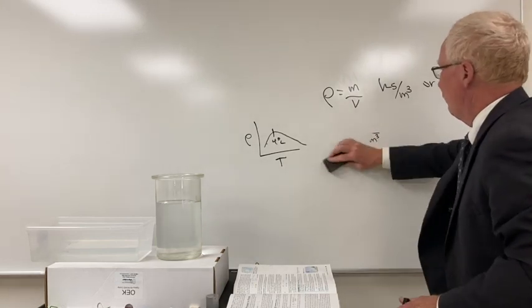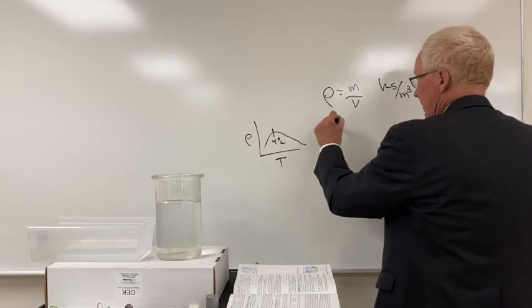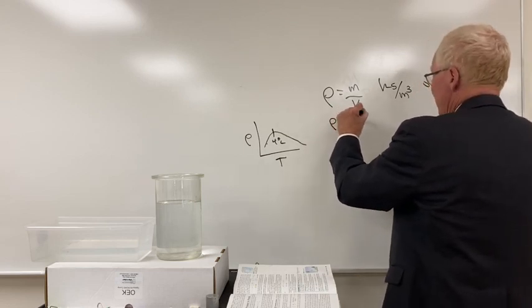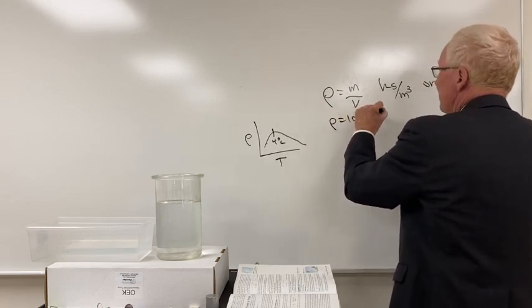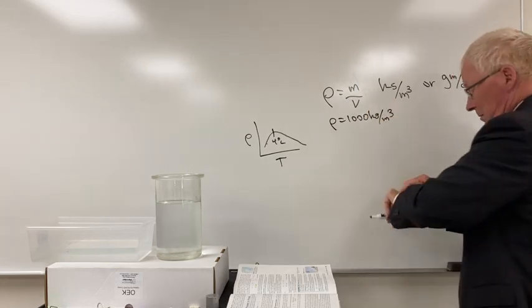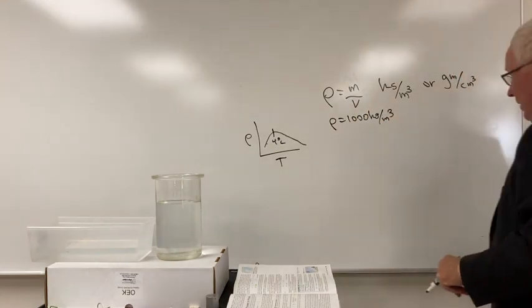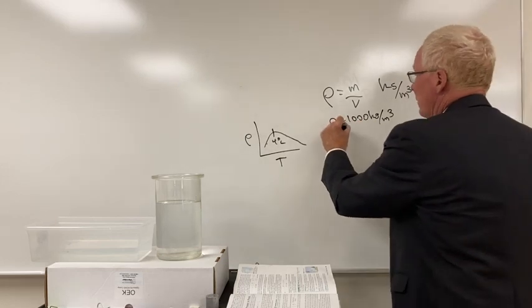And so the density of water, right, is 1,000 kilograms per meter cubed, H2O.